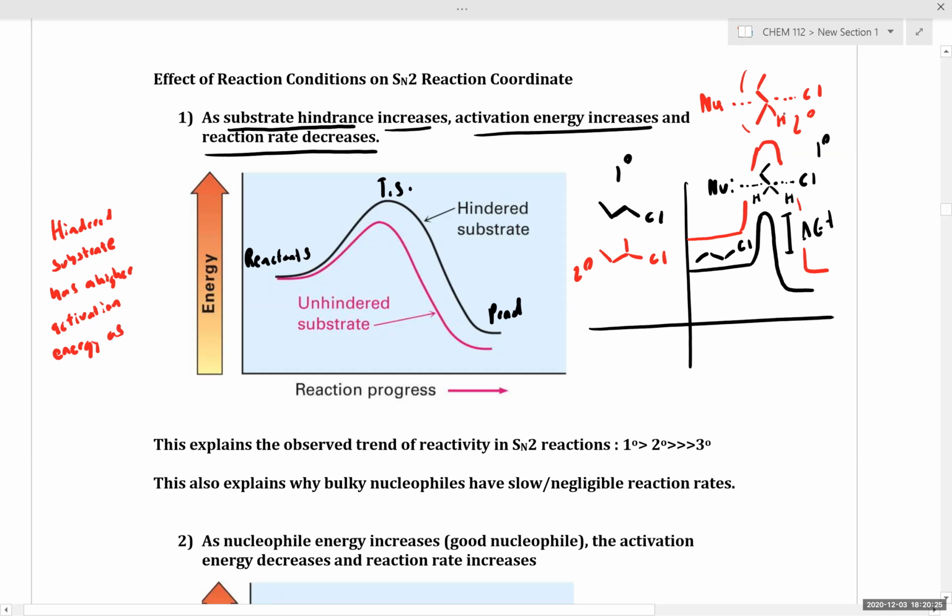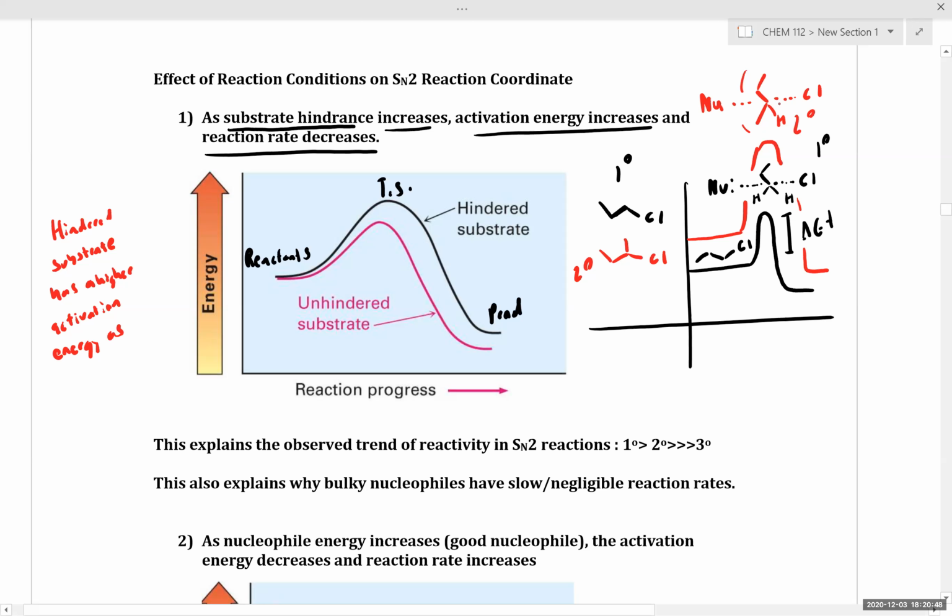As for what's occurring in the transition state, if we take a look at this transition state, is it more or less congested? Do we see more or less repulsive interactions in this transition state for our secondary versus primary? Which of these substrates experiences more congestion as part of its transition state?